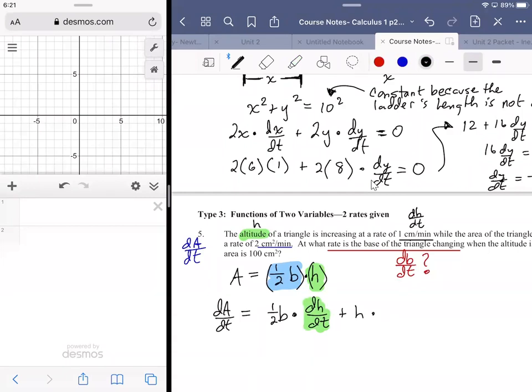By the power rule, that becomes 1/2 b to the 0th power, just 1/2. But then since b is a variable function in terms of time, I have to multiply by db/dt. Let me just get my highlighter going there.